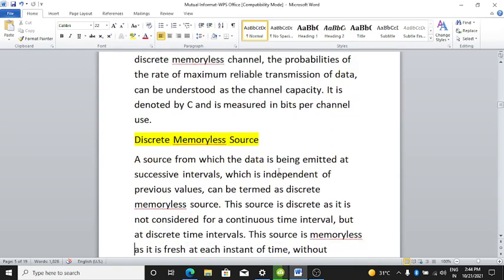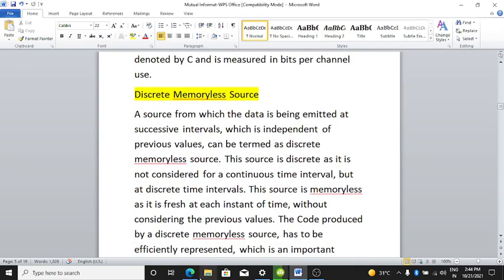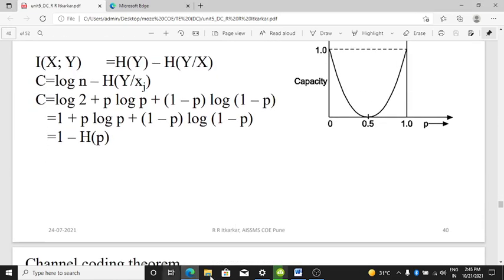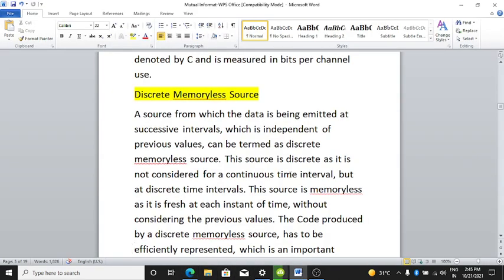Discrete memoryless source: a source from which data is emitted at successive intervals, independent of previous values, can be termed a discrete memoryless source. The source is discrete as it is considered not over continuous time but at discrete time intervals.